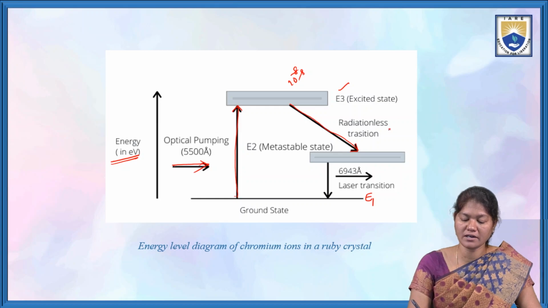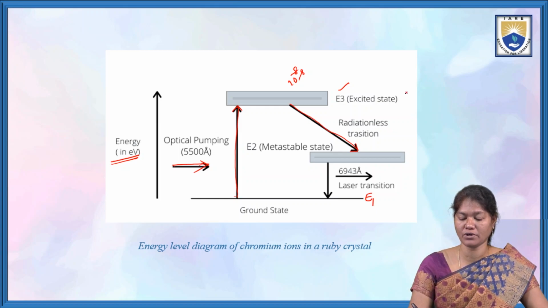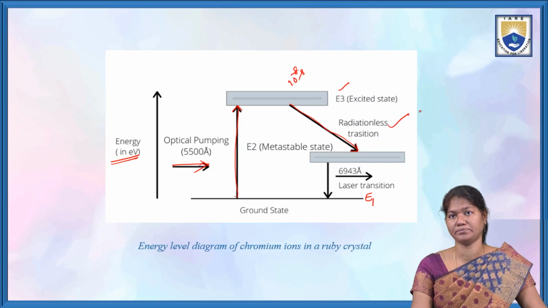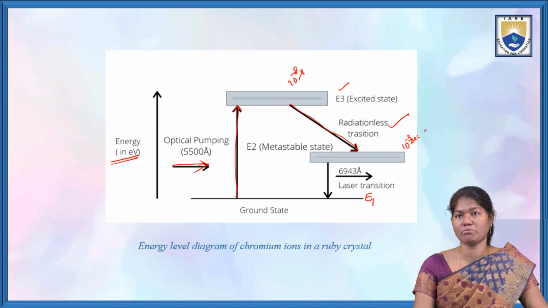So here this transition from E3 to E2 is a radiationless transition. In this metastable state, it has a lifetime of 10 power minus 3 seconds.